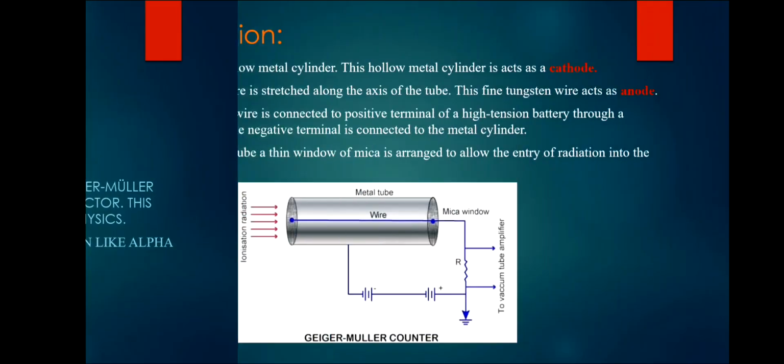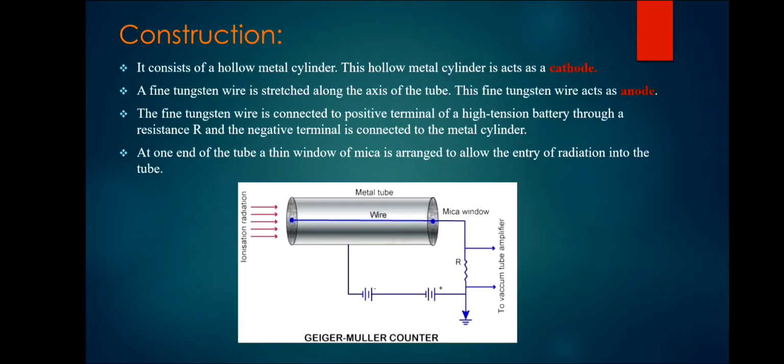So let us see the construction of the GM counter. The GM counter consists of a hollow metal cylinder. This hollow metal cylinder acts as the cathode. A fine tungsten wire is stretched along the axis of the tube. This fine tungsten wire acts as the anode.